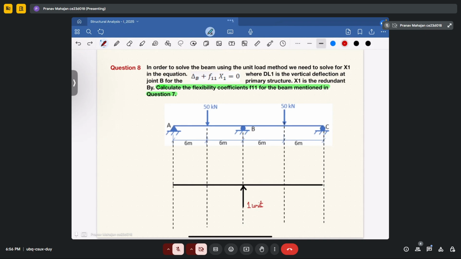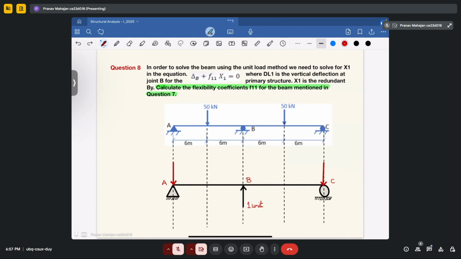Okay, let's draw again the supports. In this case, A and C will be having hinge and the roller support respectively, and their corresponding reactions will be like this. Since this is a symmetric beam, the reactions will be equal, and that will be equal to 0.5 units.